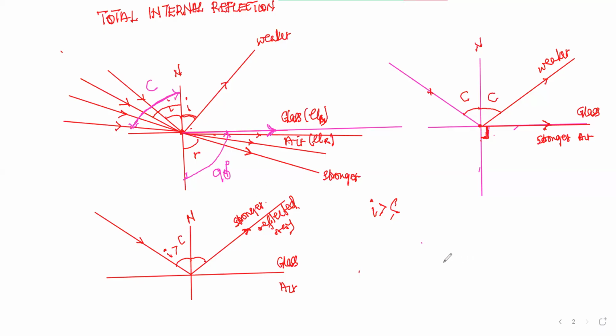Supposing our material in question is glass, glass has its own critical angle of about 42 degrees, meaning that if you incident light through it, when the angle of incidence is equal to the critical angle of glass, the refracted ray lies on the boundary, and the angle of refraction is equal to 90.